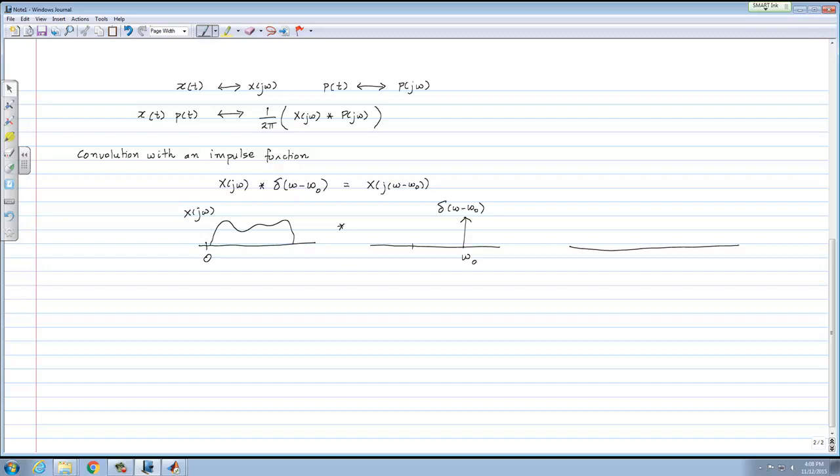So convolving with a shifted delta function or an impulse function really shifts the signal. Okay? So the result would look like something like this. Okay? So these things, just some preliminaries that I want to recall.